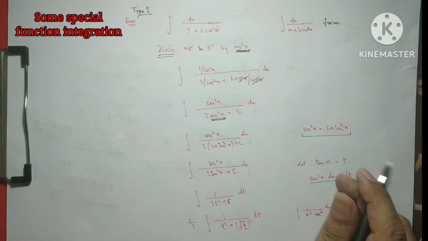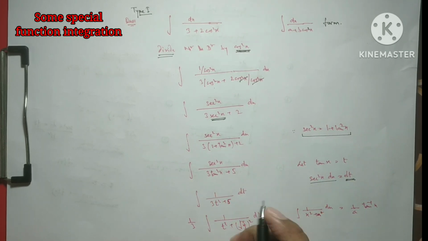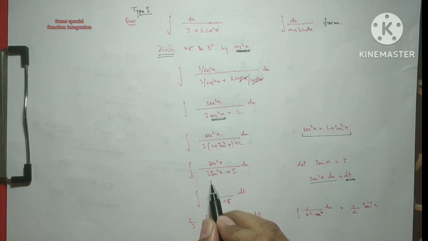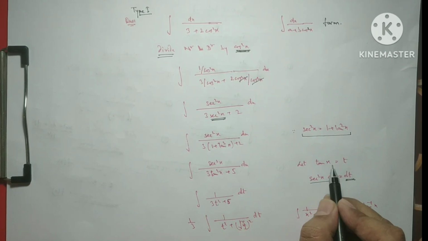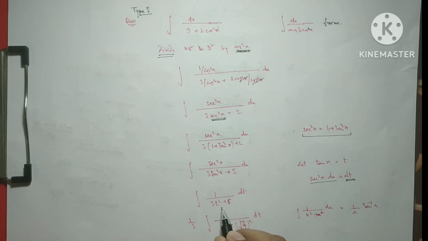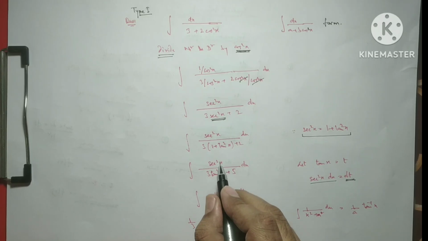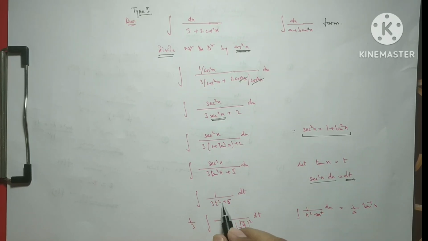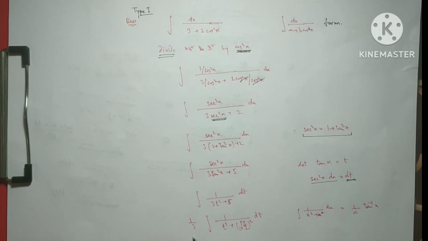We substitute these in this expression. So the denominator will be 3, in place of tan x we put t, so 3t square plus 5, and the numerator becomes dt. So we have this, and on taking 3 outside the integration as a constant, we get t square plus 5 by 3.